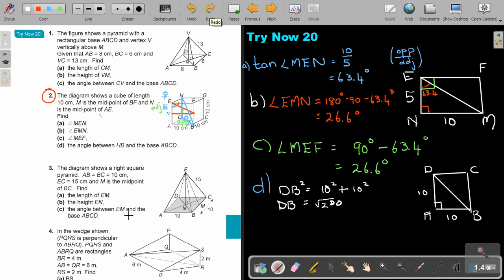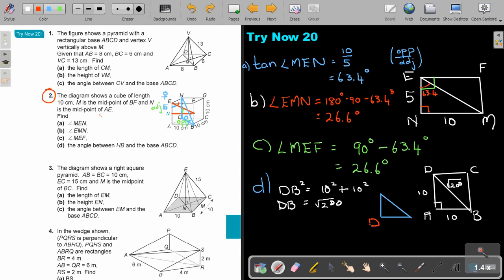So the angle between the base, now I know that that is square root 200. And now the angle between HB, so now I can take out that triangle. Can I show you now? It's again marked in.